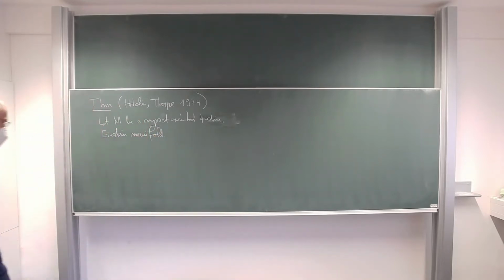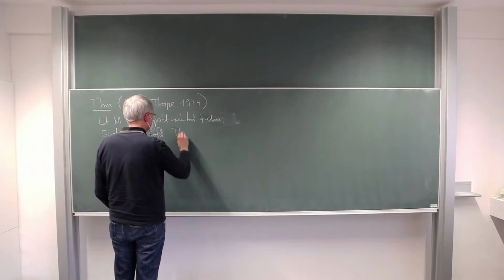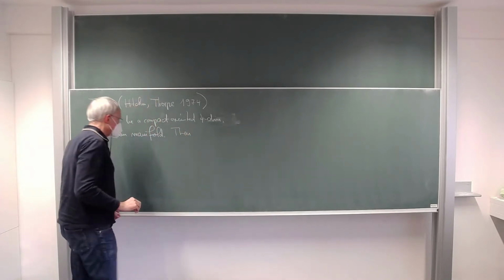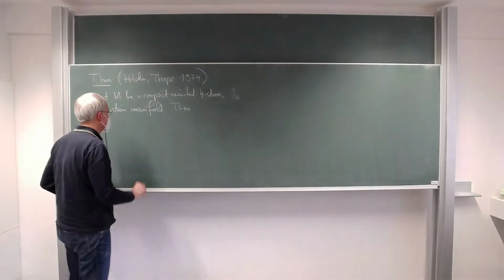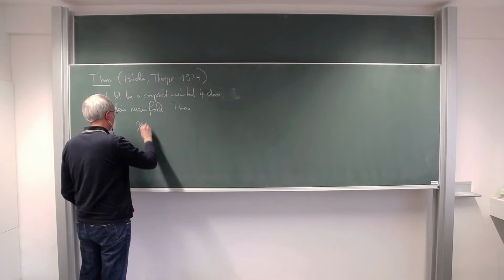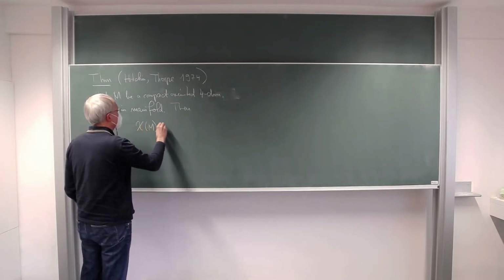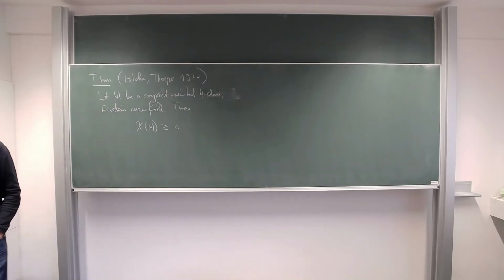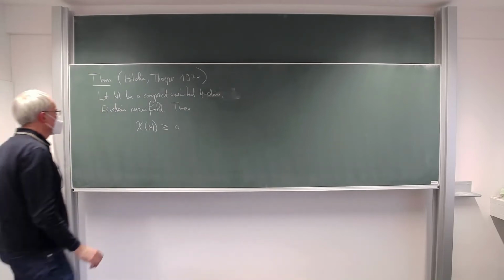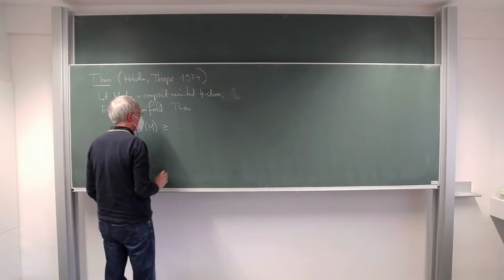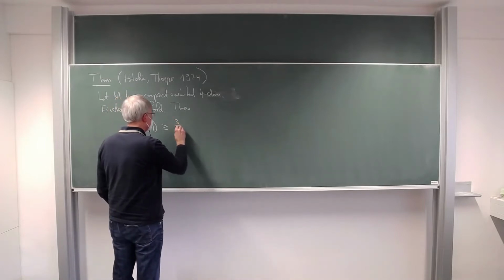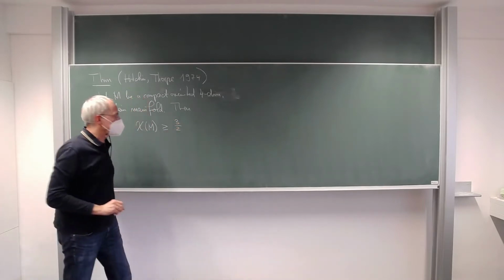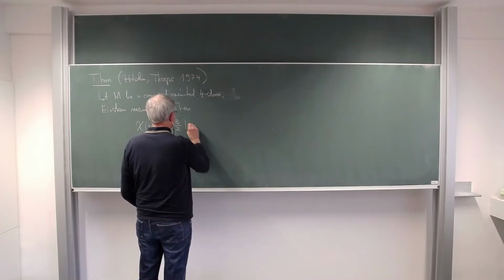And then, so the Bishop-Goldberg observation said that the Euler number of the manifold must be non-negative, right? So that was what we have seen. But this can be improved to give a lower bound which is usually positive, maybe the absolute value of the signature.